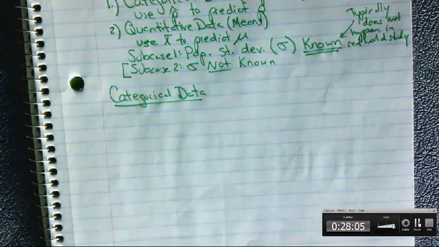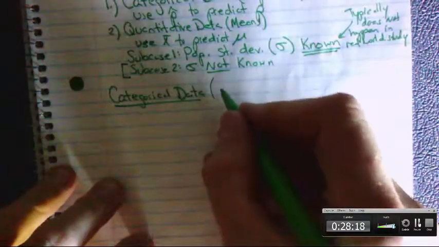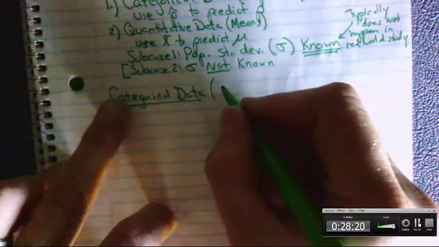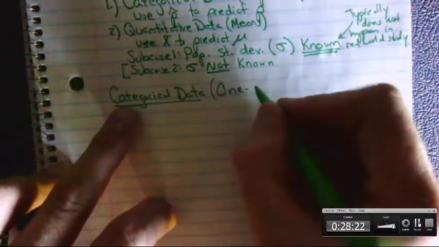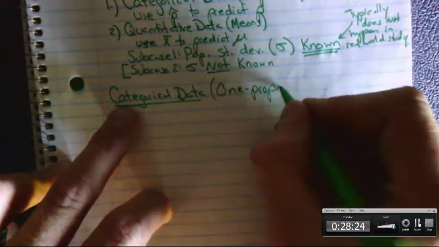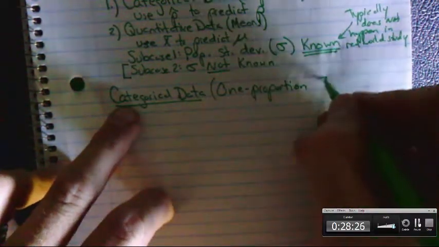Not the sample size. How many samples? You're looking at 1. You're taking your 1 sample and using it to make a prediction about the entire population. When you do categorical data, it's called a 1 proportion Z interval.